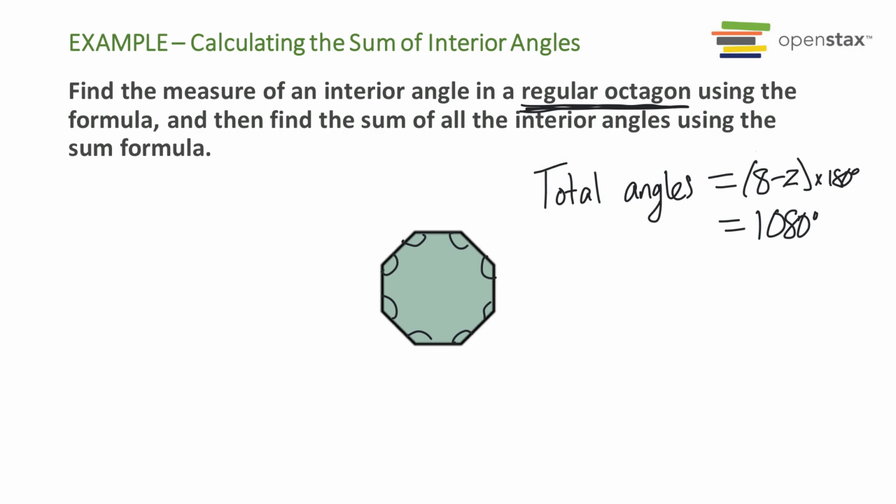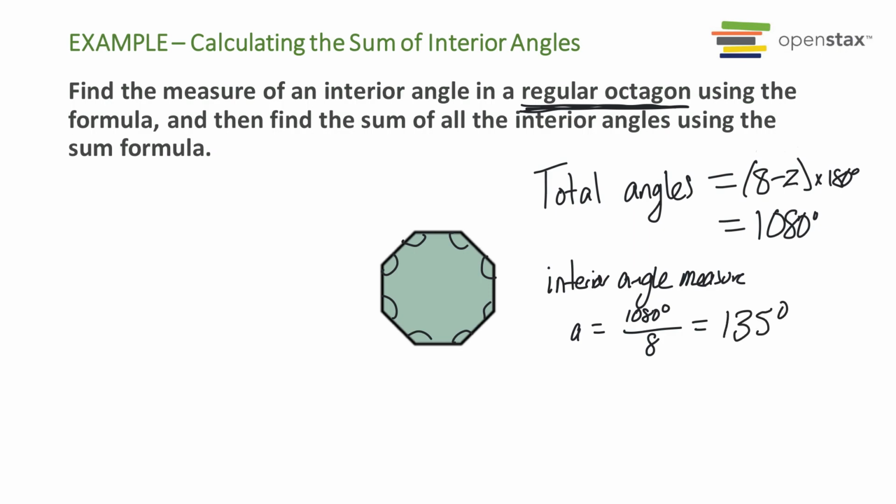And then to find the interior angle measure, we could technically do that whole formula again, but a shortcut is, we've already found the total of the angles, which is 1,080, and then just divide it by 8. That gives me 135 degrees. So each one of these angles inside of a regular octagon is 135 degrees.